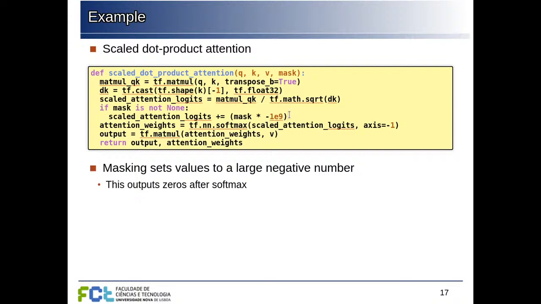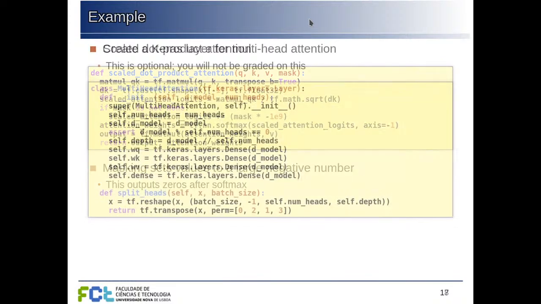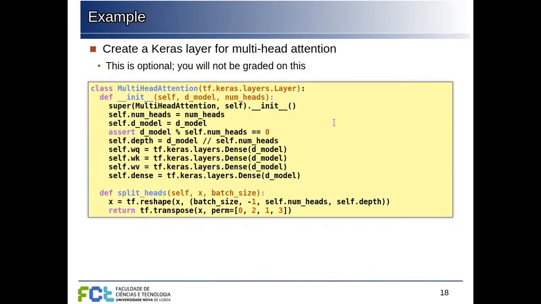So this is minus 1 million, minus 1 billion here in the logits, so that when we do the softmax, this effectively comes out as 0. So we are telling the attention layer to ignore everything that is under the mask and focus only on what is outside the mask.